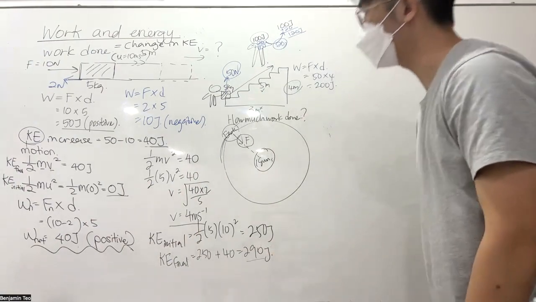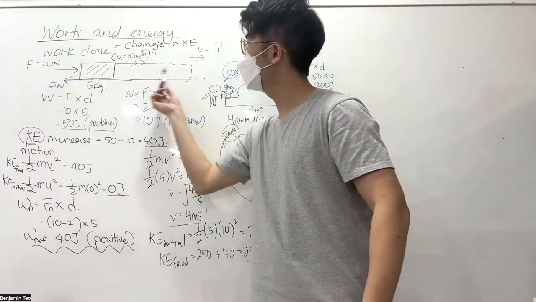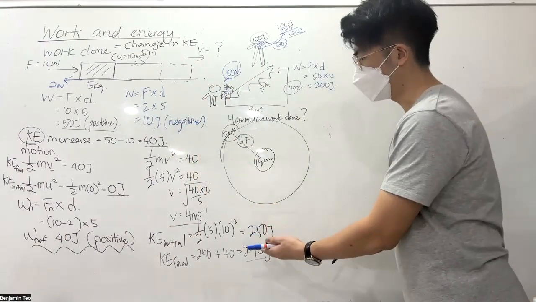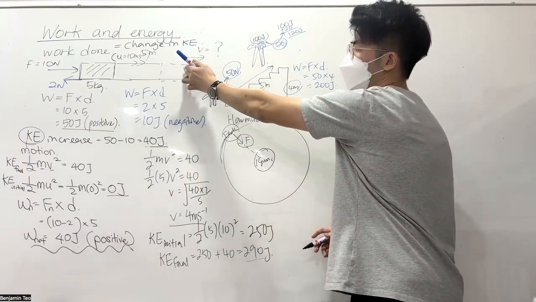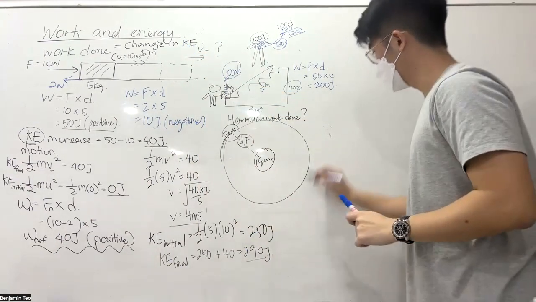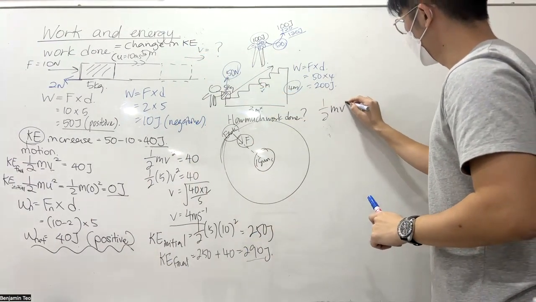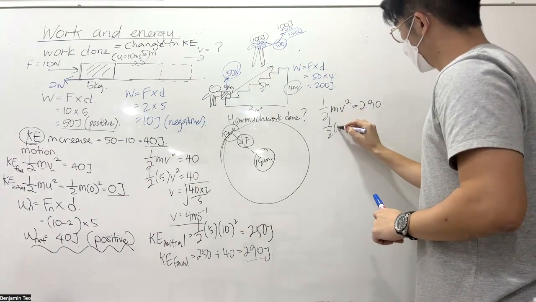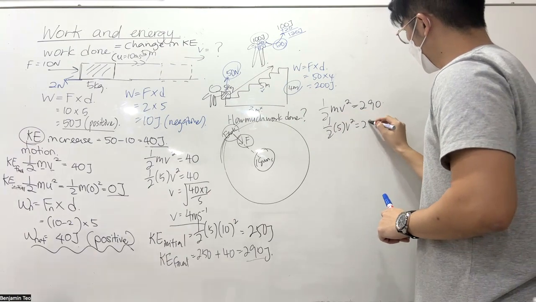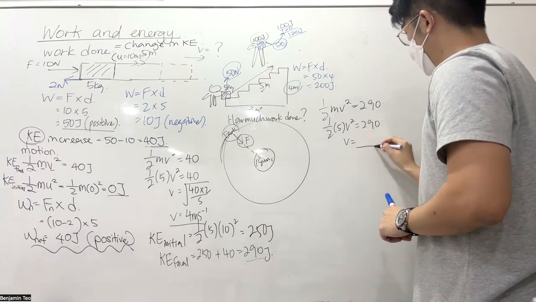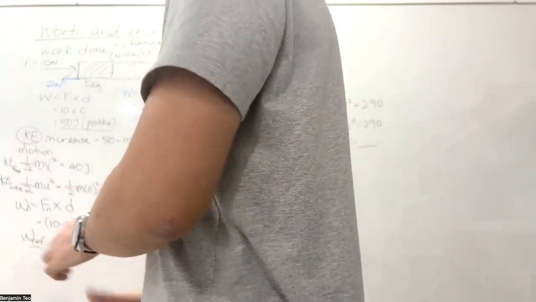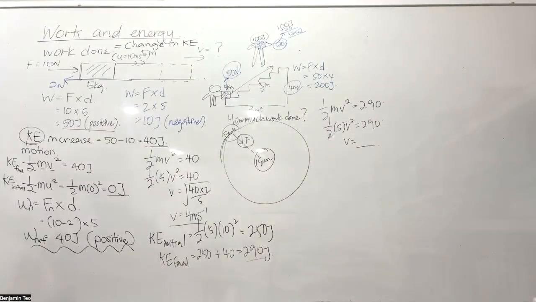Now you have the final kinetic energy already. So when the box comes here with a final kinetic energy of 290, now I ask what is the speed of the box over here? Half m v squared equals 290. Okay, 5 v squared equals 290. That's how you get it. Okay. Anyone? Any questions?